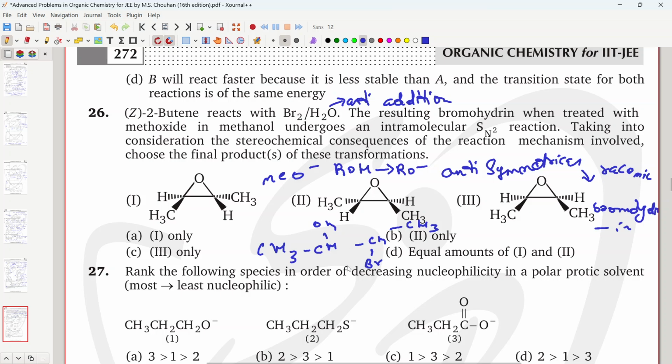So the SN2 causes inversion at the Br-bearing carbon. The bromohydrin was anti and the inversion produced an epoxide. For a cis alkene, the final epoxide is cis-dimethyl epoxide, which corresponds with C and only C.